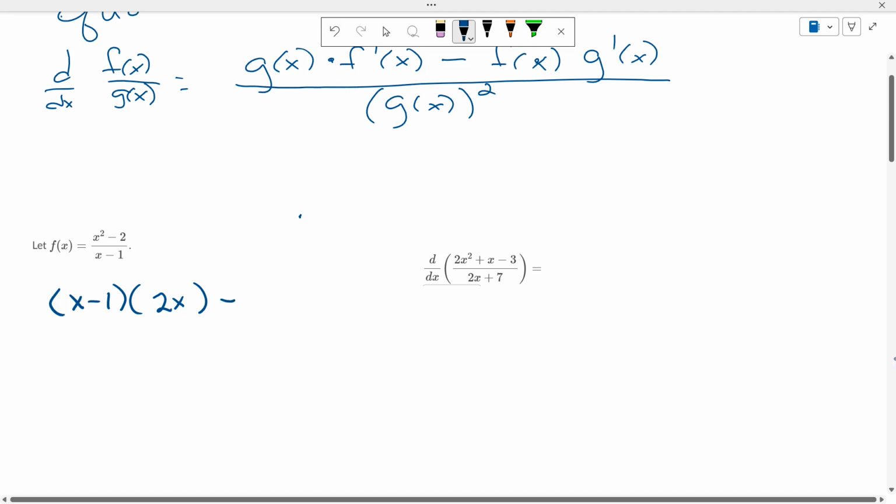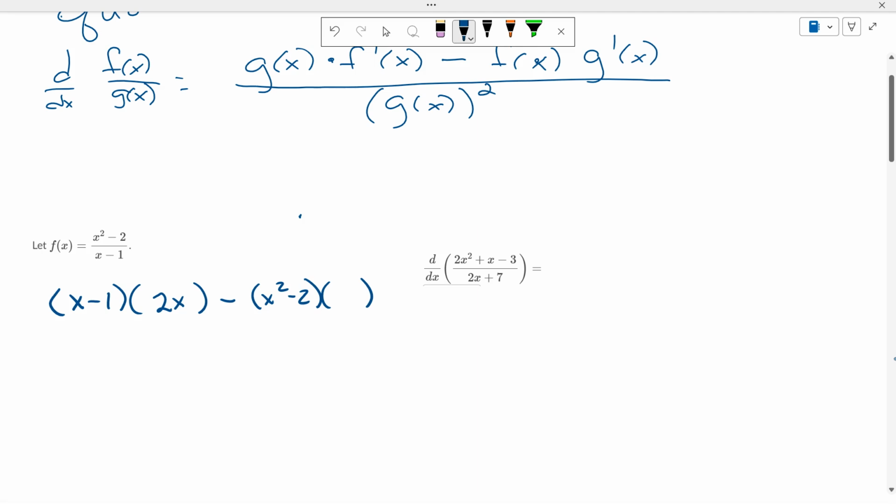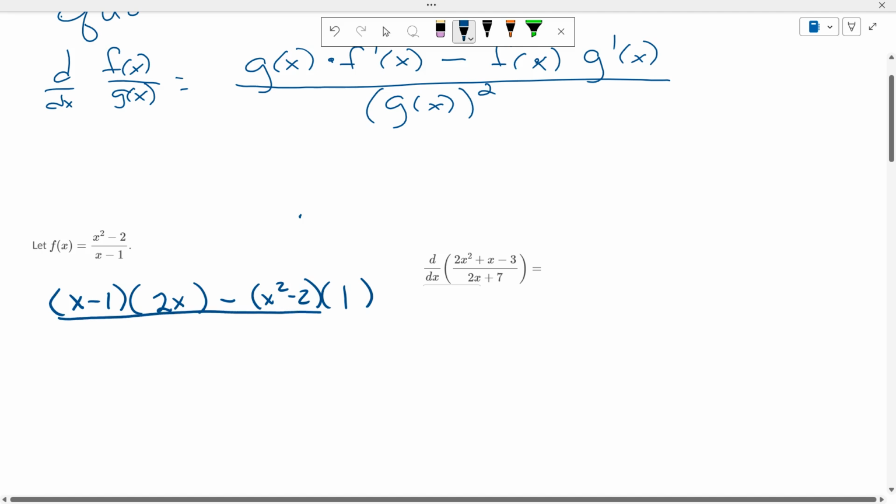And then you go the minus the top, x squared minus 2, times the first derivative of the bottom. What's the first derivative of x minus 1? 1, because it's the first derivative of x, which is 1. The first derivative of that is 0, so that disappears. Divided by x minus 1 quantity squared.